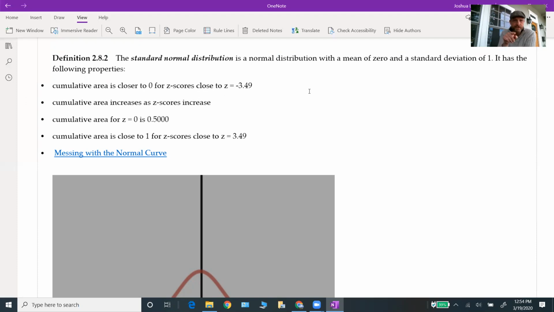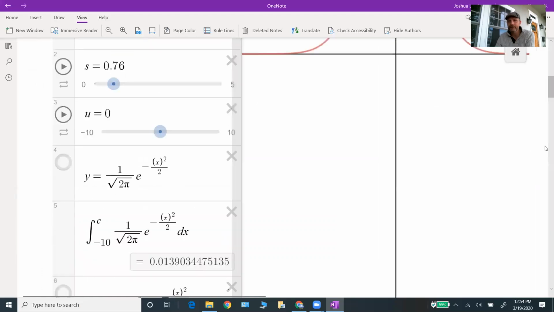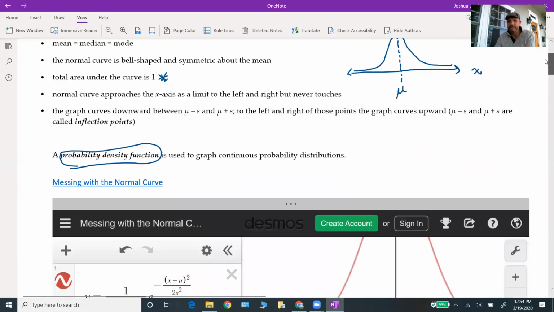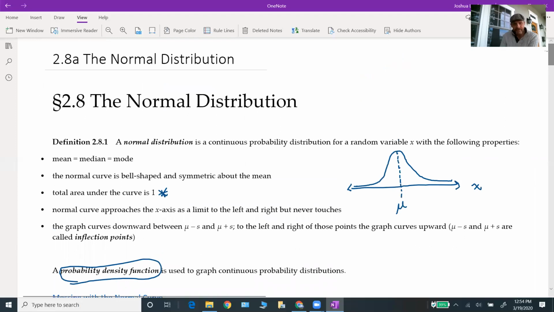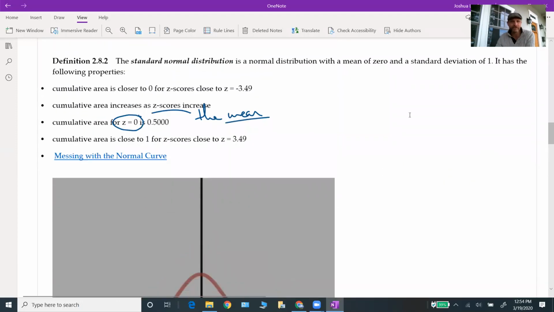And when we get to z equals 0, in other words the mean, the cumulative area is 0.5, which should make sense because we said up here that the normal distribution is symmetric about the mean. So if that area is increasing and the total area is 1, we should have a cumulative area of about 0.5 by the time we get to the mean. Okay?